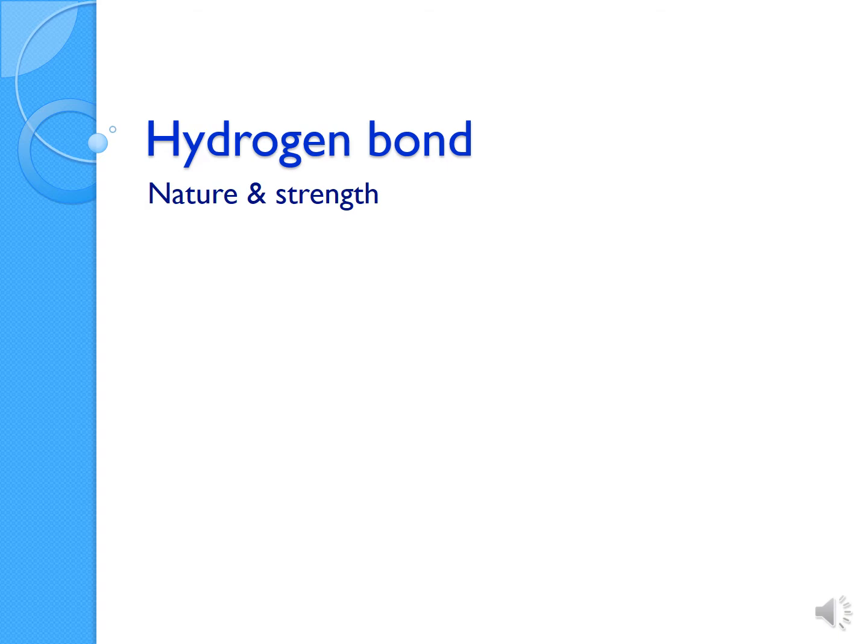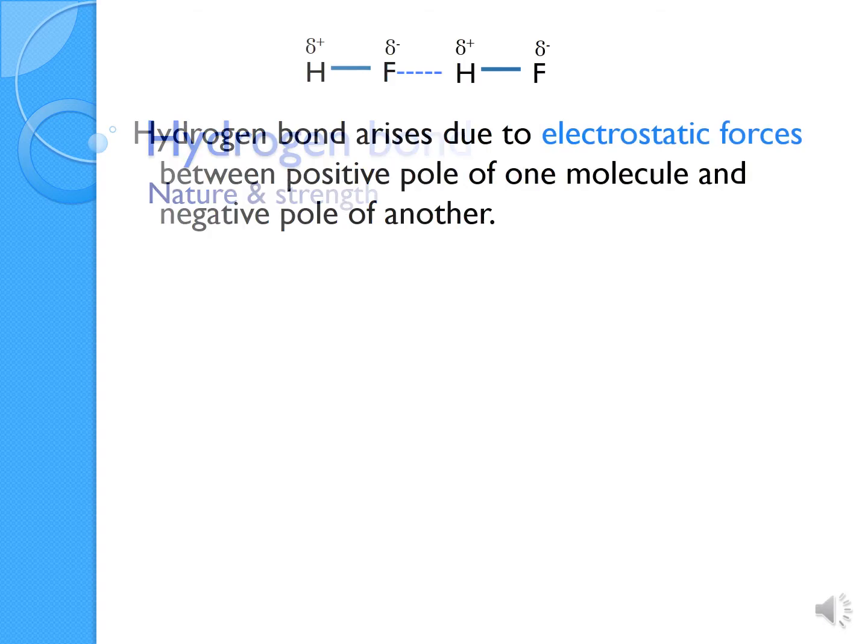Now let's study about the nature and strength of a hydrogen bond. As we have already discussed, a hydrogen bond arises due to the electrostatic force of attraction between this positively charged hydrogen atom and a negatively charged atom.